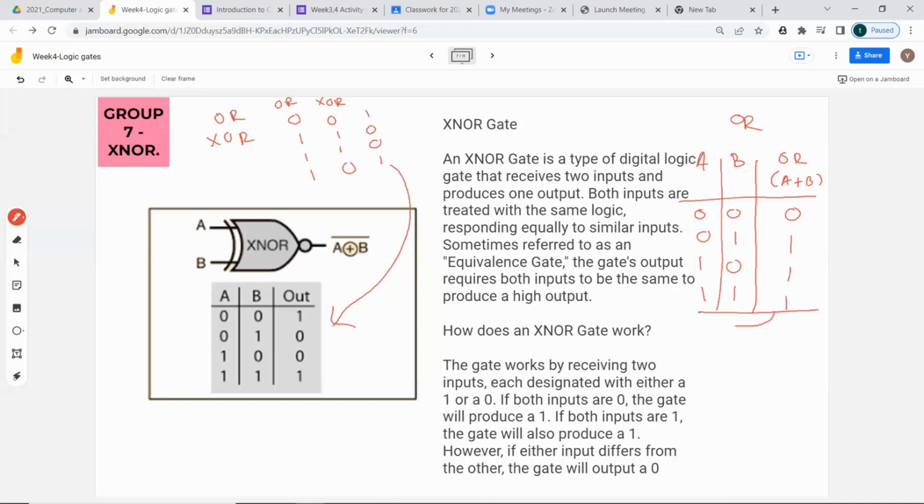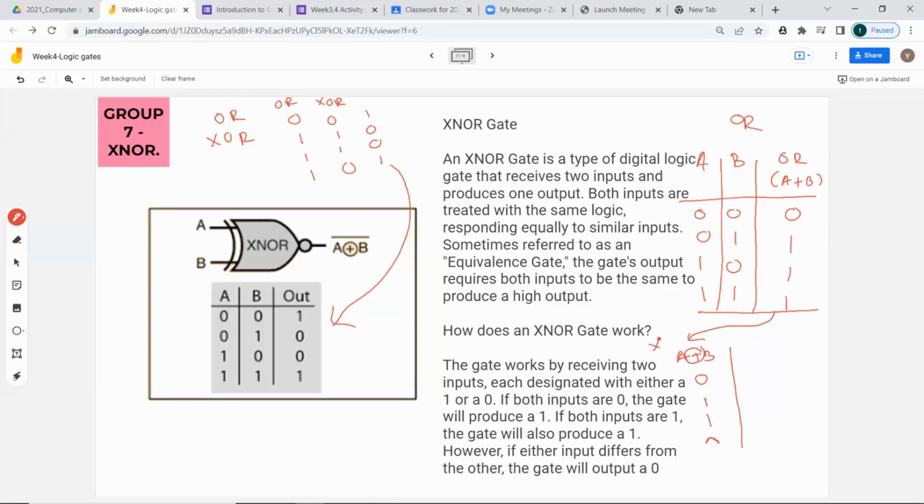So we are going to take the output of this O gate, A plus B, and we are going to take what we call XO. Whenever we consider XO, we have only these two ones in the middle, and for the last one we have 0 because we are going to consider either A or B. That is for XO, right?